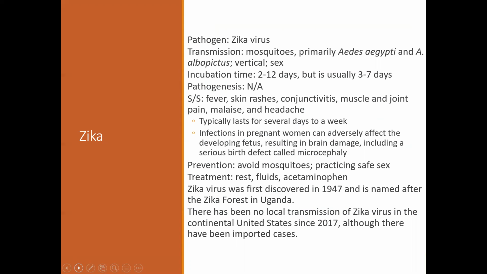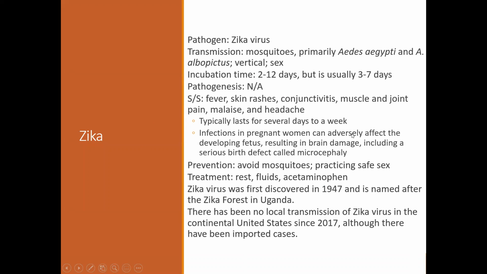Zika came on the scene several years ago. We had not really had to worry about this very much in the Americas. But then when the Olympics were going on in Rio, I guess it was 2016, they were seeing infections of Zika there. People were bringing it back to the United States with them.